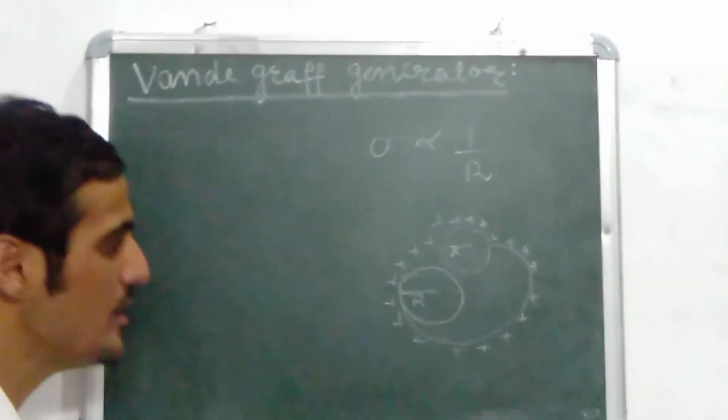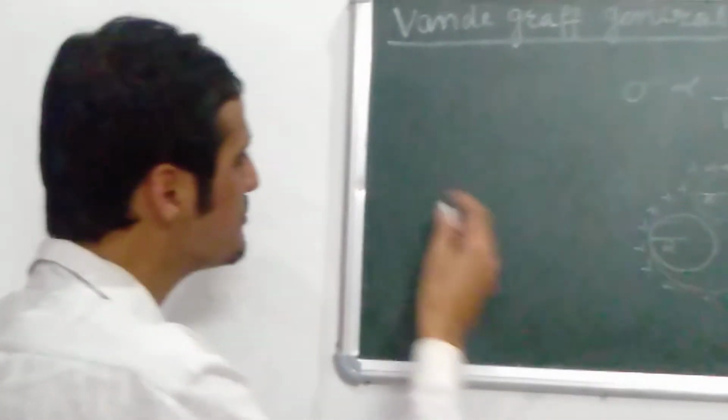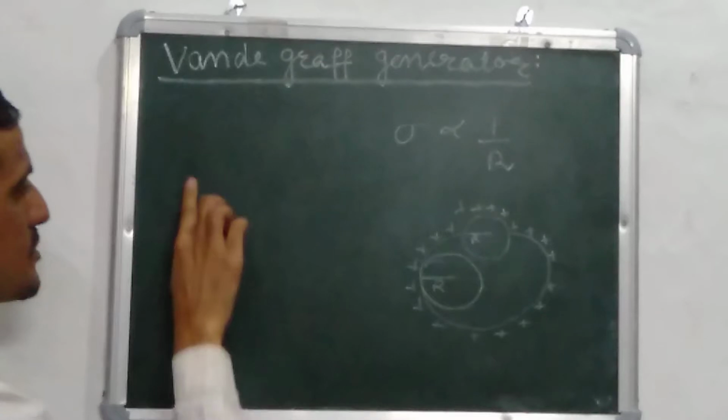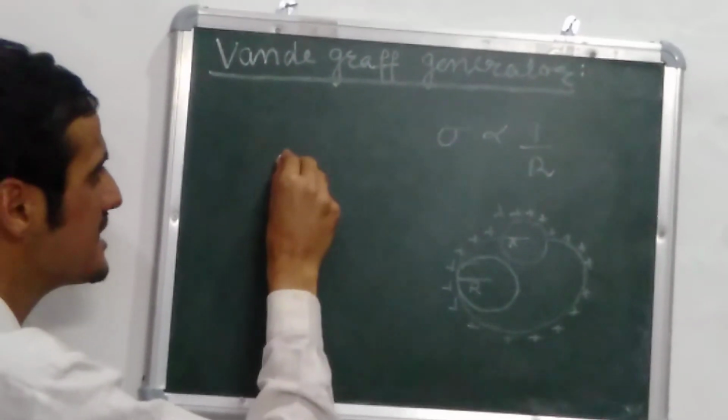Okay, and the second point, we take the example of corona discharge. What is corona discharge? In that case, we are considering a metal comb.